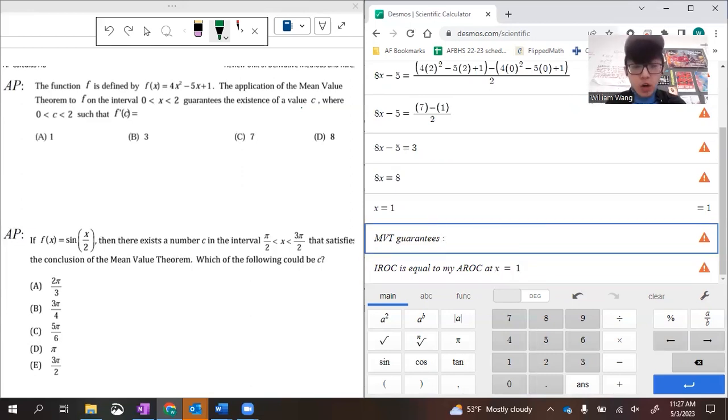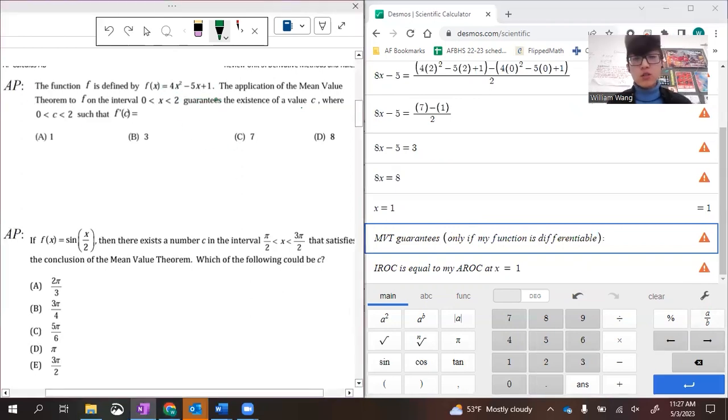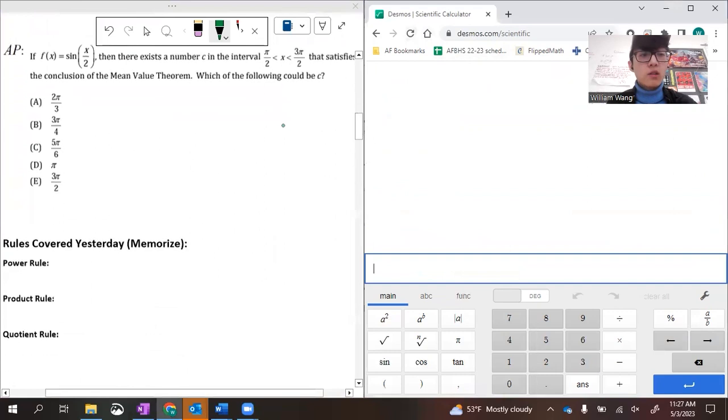And this is guaranteed only if my function is differentiable, which, if you notice, this function right here is, because there are no discontinuities, no place it's undefined, etc. So yeah, that's what this guarantees. My answer choice is A. All right. Next question.